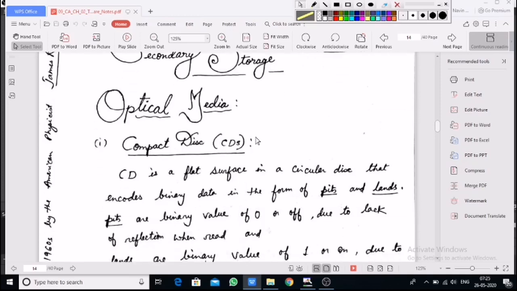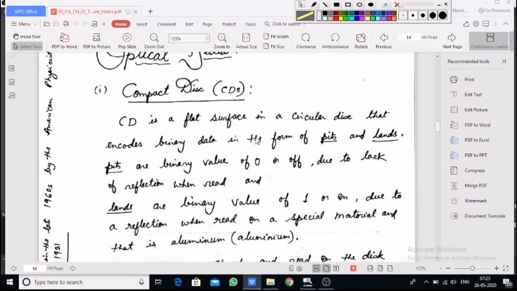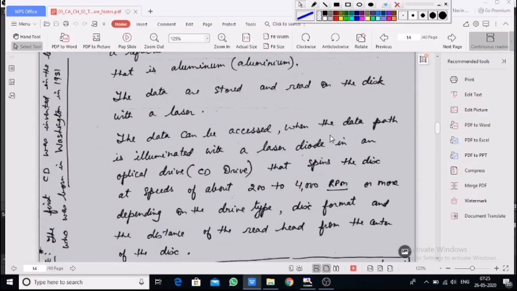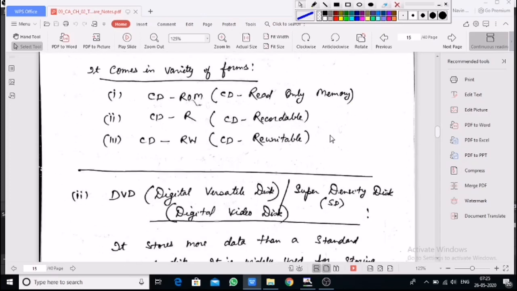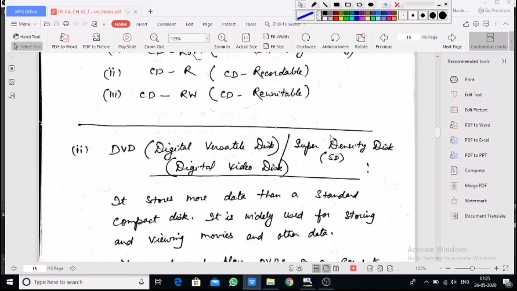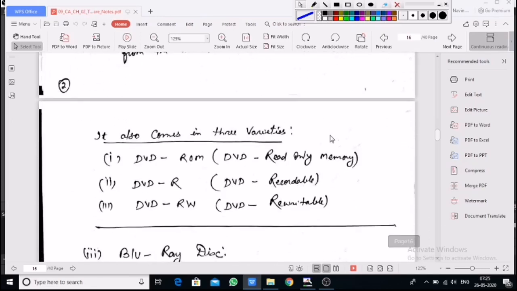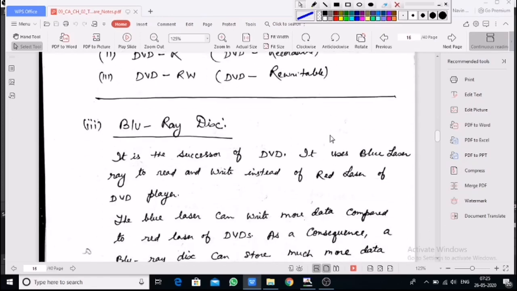There are examples of optical media also: CD, DVD, and Blu-ray disc.